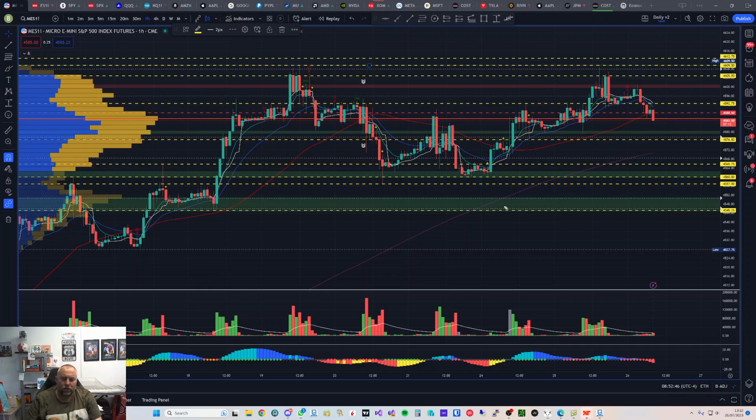What I'm really watching for are these areas down here. This area here, 45.60, and also the 45.45 area. So if we get down to this area, I'll be layering in. I'll be buying contracts as I come into this zone, and I want to be fully in by the time I get halfway out of this zone.